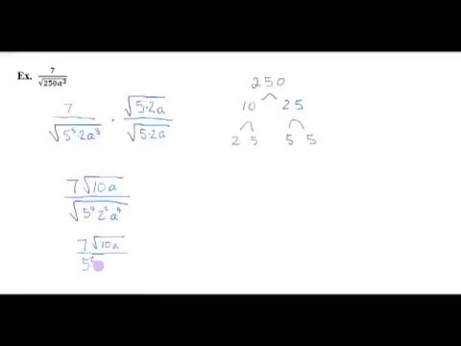Square root of 2 squared is 2. And the square root of a to the 4th is a squared. So that gives me 7 square root of 10a all over 5 squared, which is 25, times 2 is 50 a squared.